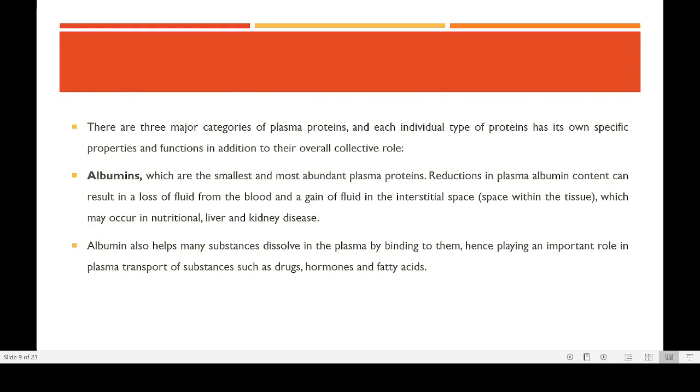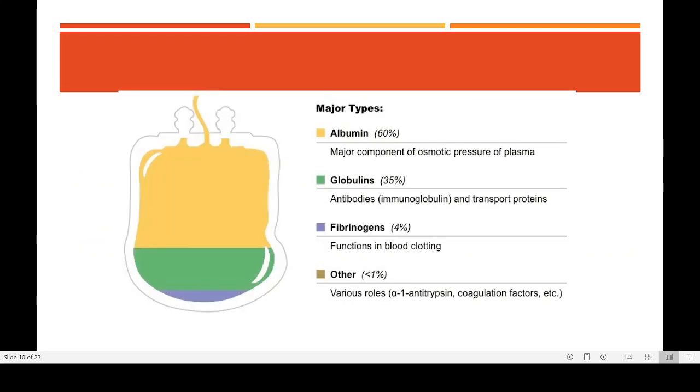Now next we have to see what are the different types of plasma proteins which we can find. There are three major categories of plasma protein. One type of plasma protein is known as albumin. Here you can see that these are the different types of plasma protein. Albumin is an important type of plasma protein. Then globulin is present.